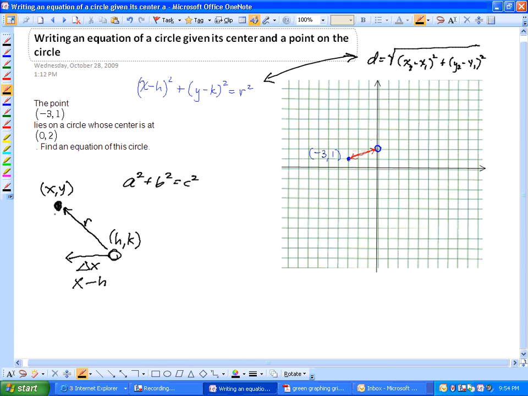And this one would be our change in y, which would be y minus k. If those are your lengths, using Pythagorean's theorem, you would have change in x squared plus change in y squared equals r squared, or (x minus h) squared plus (y minus k) squared equals r squared. So all of these formulas are related to the Pythagorean theorem.